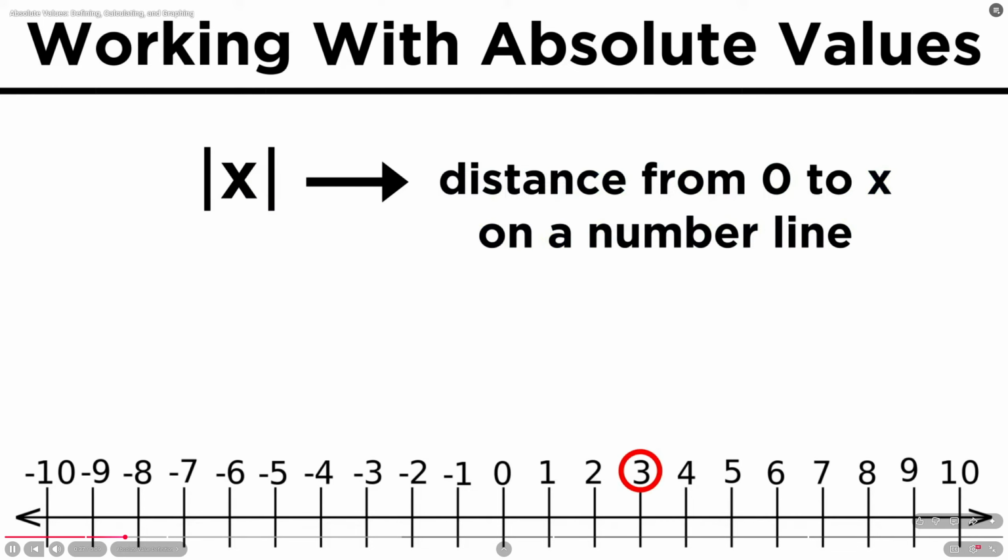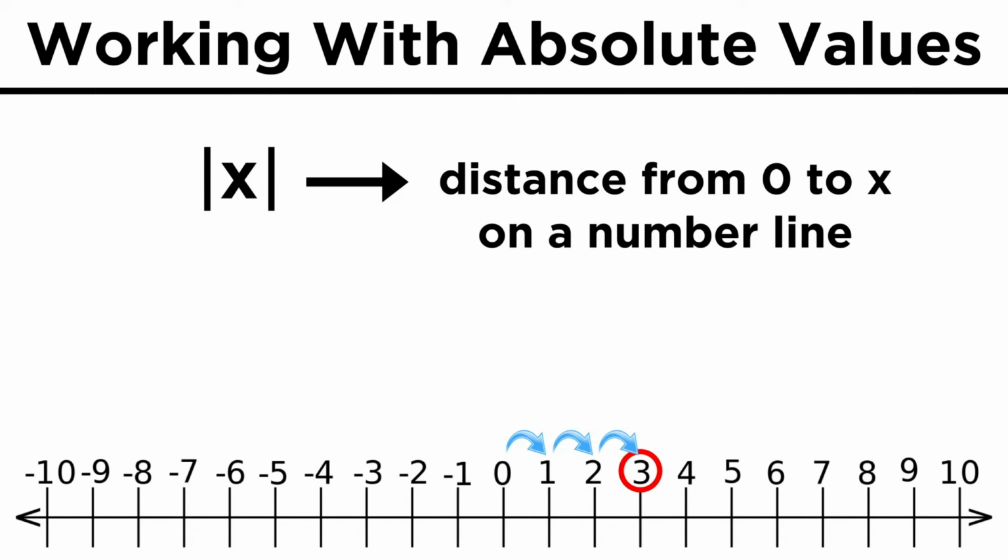Take the number 3. This is 3 units away from 0, so the absolute value of 3 is 3.